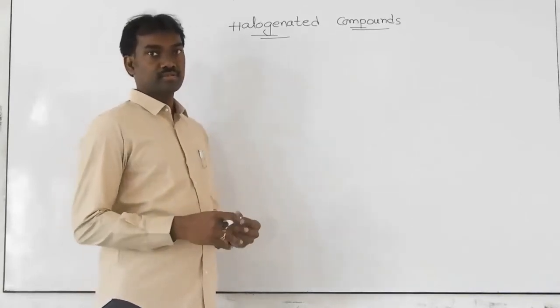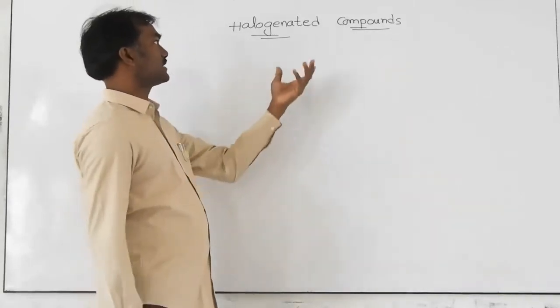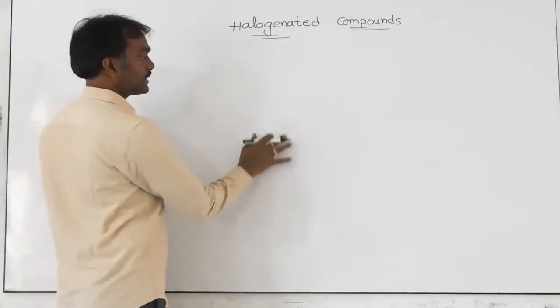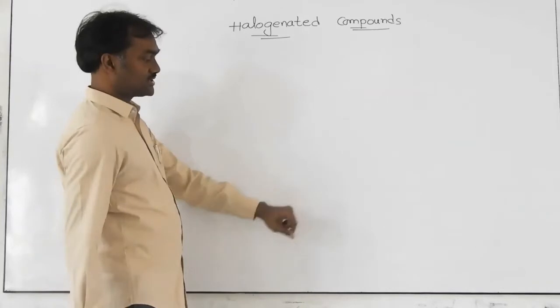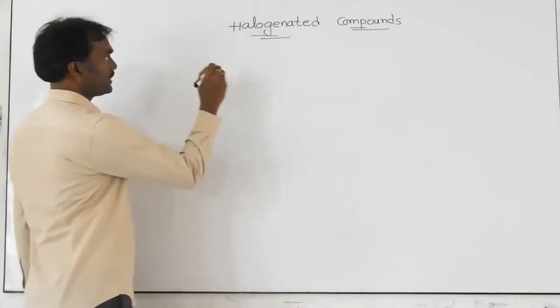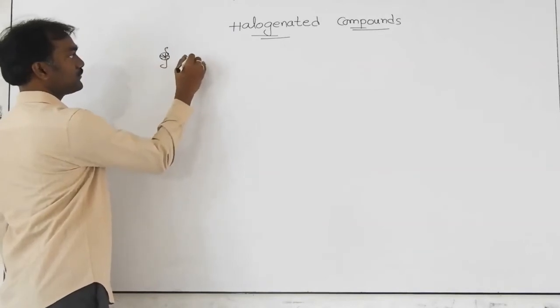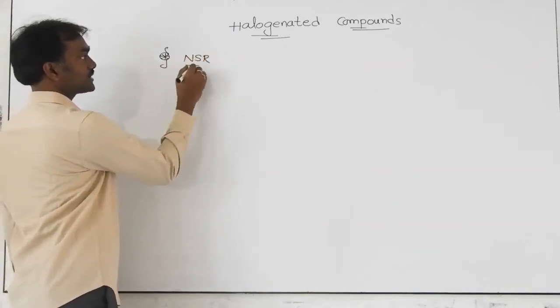Good morning, students. In the previous class we discussed halogenated compounds and their chemical properties. Six chemical properties are over. Next is the special feature, the nucleophilic substitution reaction.